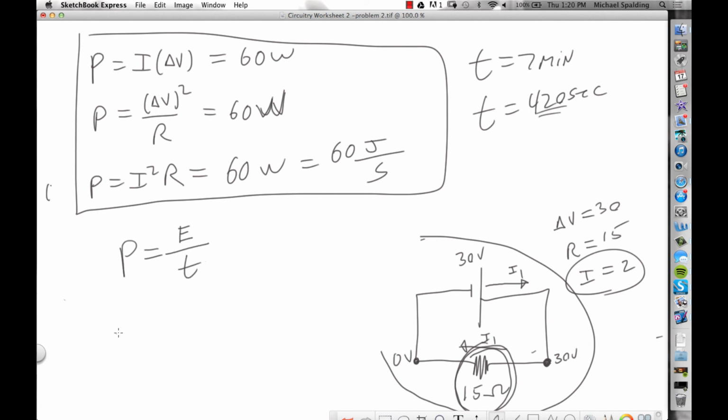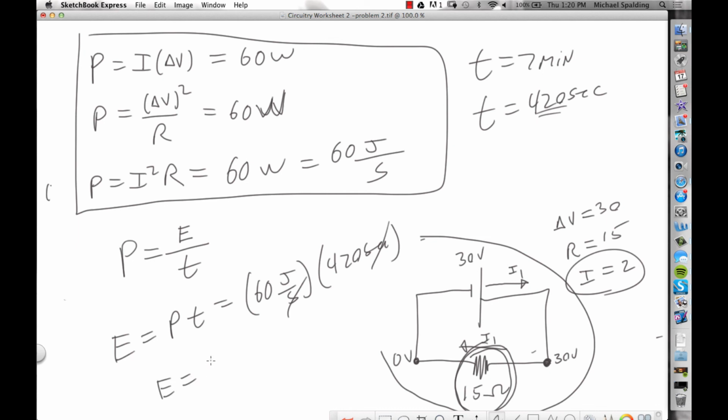Power is energy over time, so energy is P times T. Power is 60 watts, that's joules per second. The time is 420 seconds. Cancel that, so the energy used is 25,200 joules.